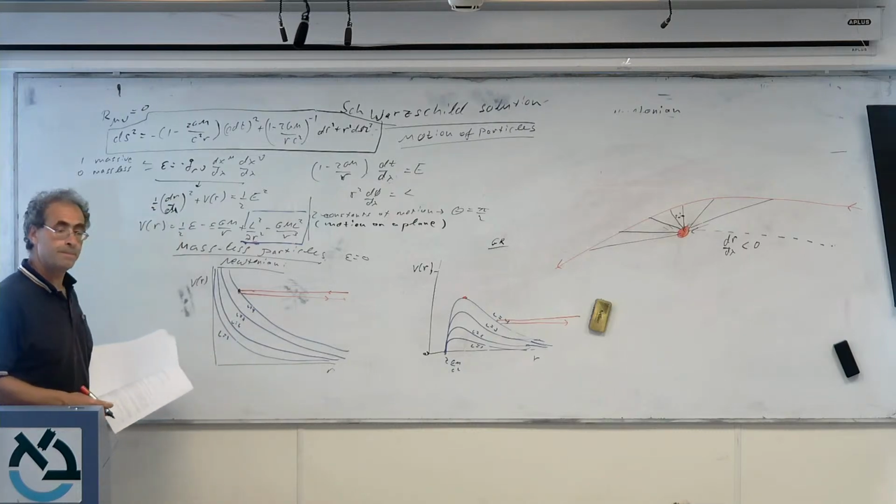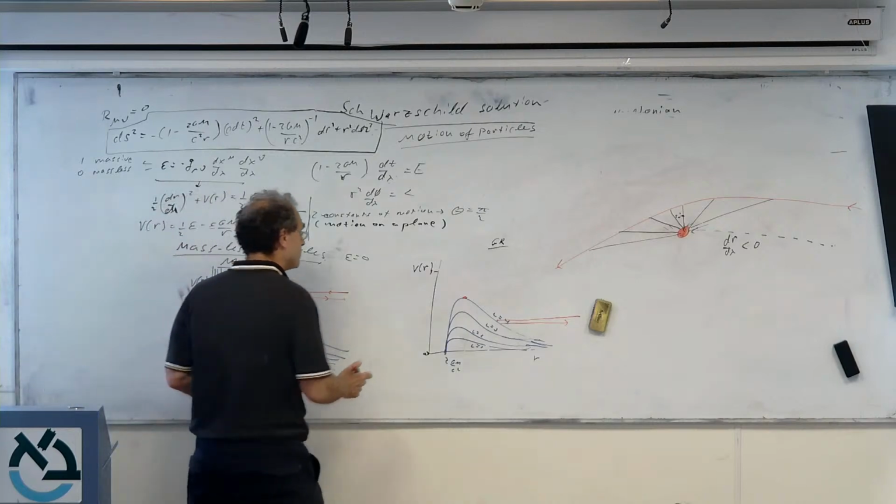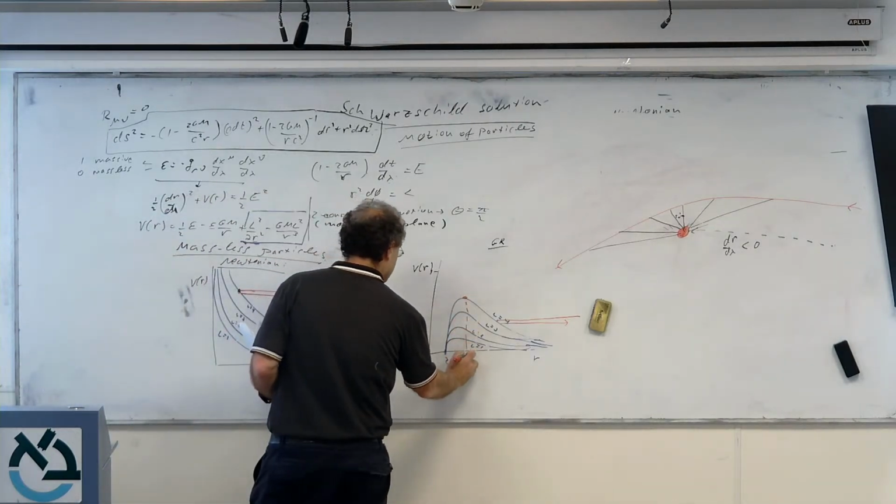It's an orbit, right? What type of orbit is that? Unstable. It's unstable, and this is a circular orbit, which is R_C.